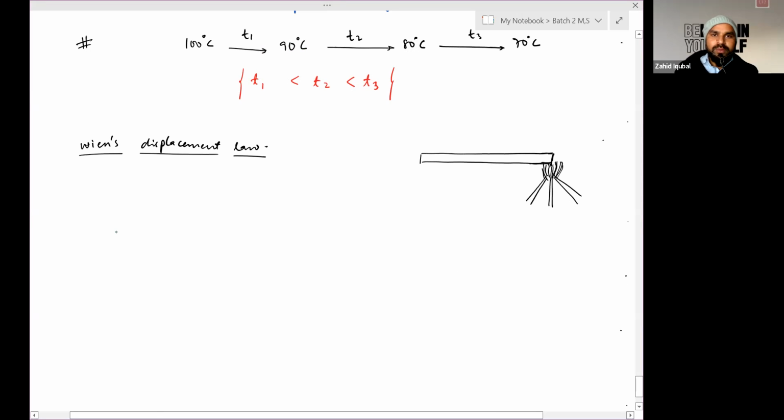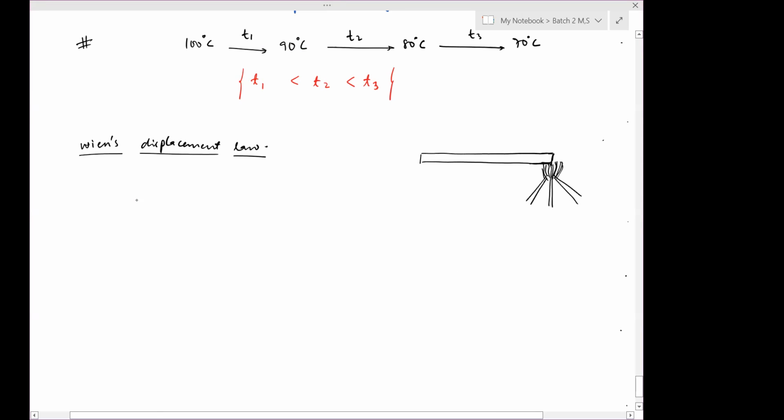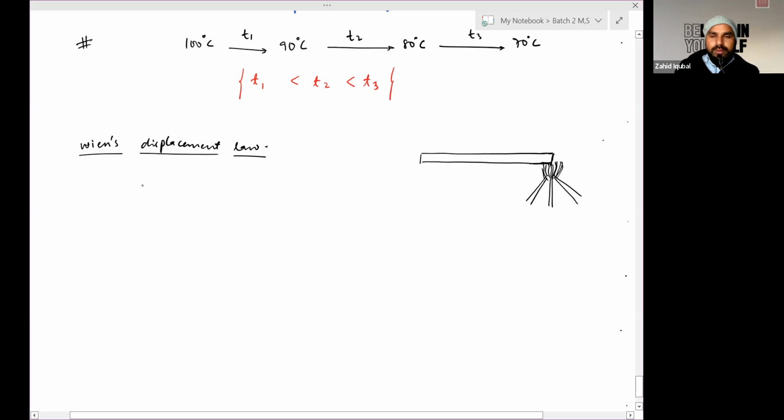Let me explain why it is so. Suppose a body has some temperature, so it will have energy 3/2 kBT. The greater the temperature of the body, the more thermal energy it has.